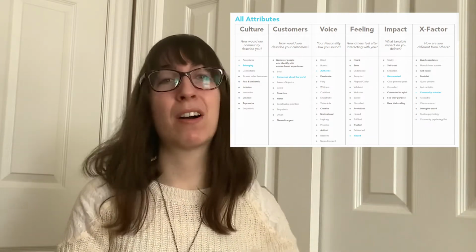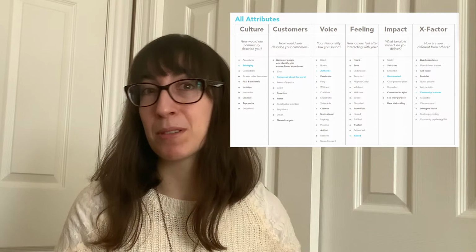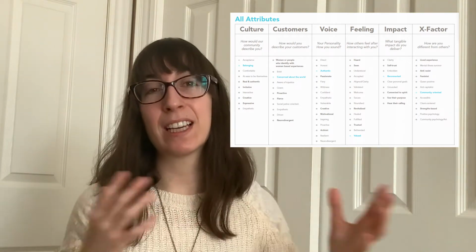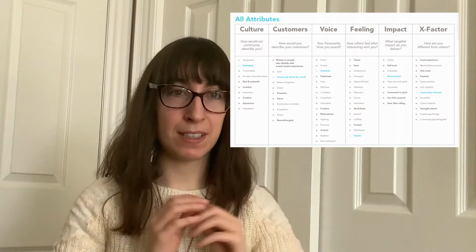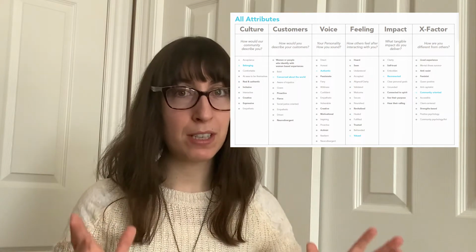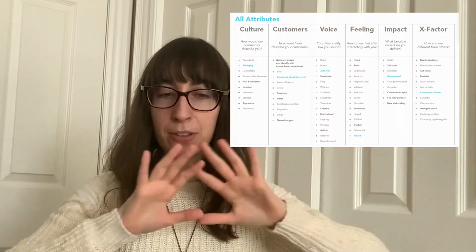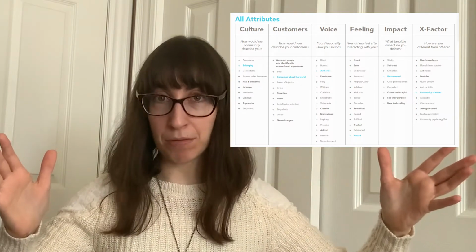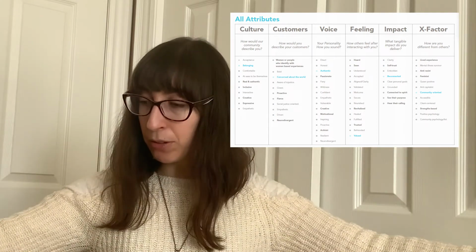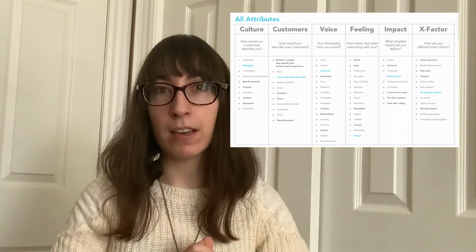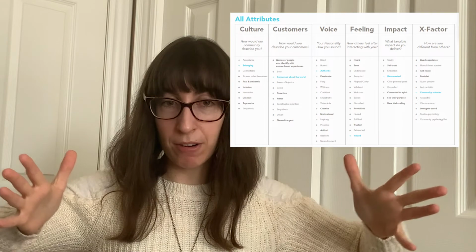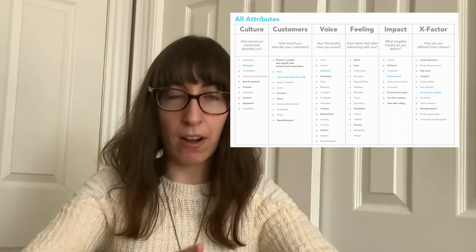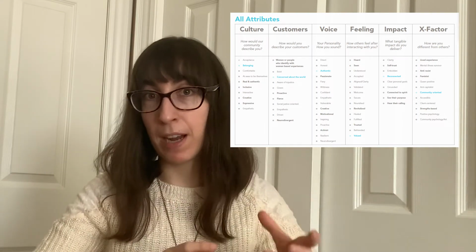But this is kind of how I look at everything in terms of designing a brand and looking at everything as a whole, right? Because this is what brand strategy is about. Brand strategy is about looking at your brand from a bird's eye view. So we're looking at the whole holistic thing. Then we start narrowing it down and zooming in on aspects of the identity.